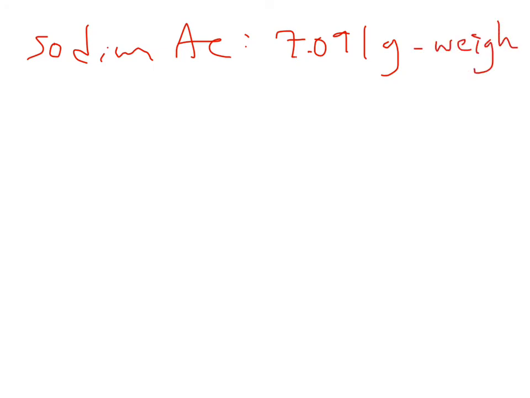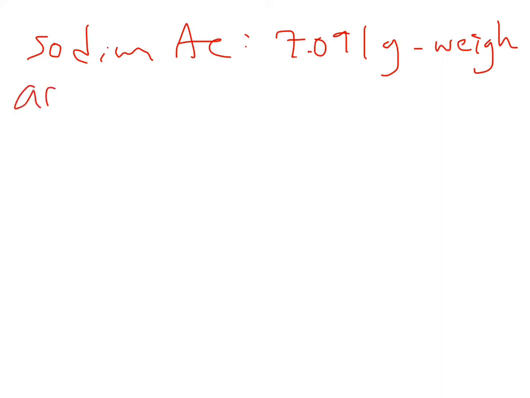So the last part of that question was telling us to explain it. So we had sodium acetate, we had 7.09 grams. So what are you going to do? Well, you're going to go to the scale and weigh that out. Okay, that's easy because it's a powder. You just put it in a weighing boat and weigh it.